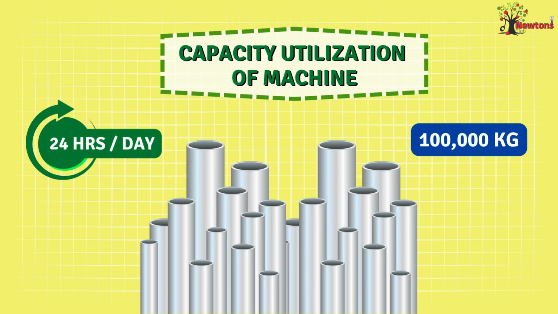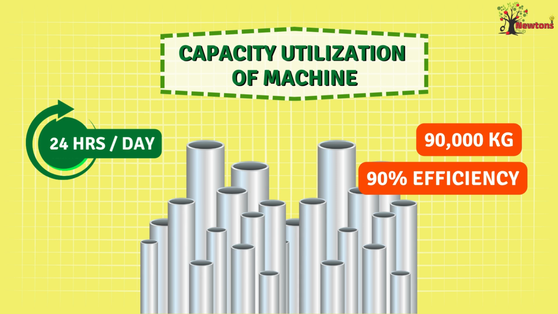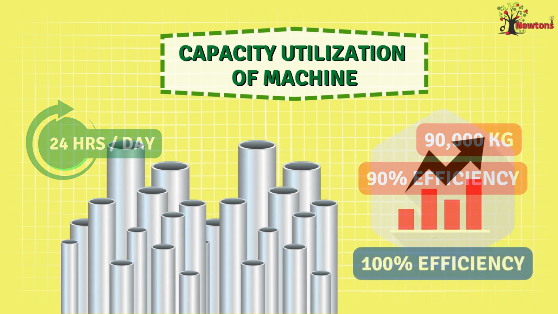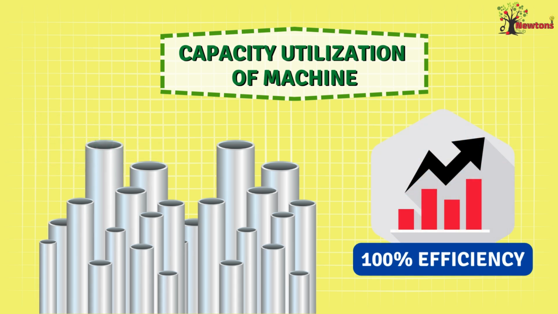The production team strives to achieve the fullest output. But if the machine only produces 90,000 kilograms per day, it operates at 90% efficiency, meaning the company isn't maximizing potential profits. Ensuring the machine operates at full capacity, 100%, is crucial for profitability.